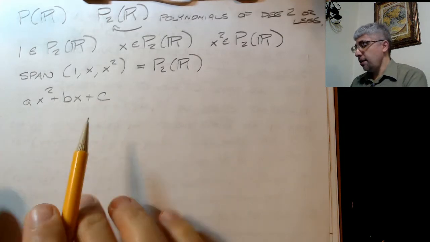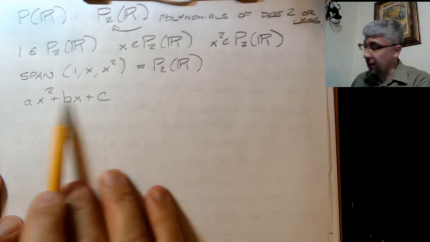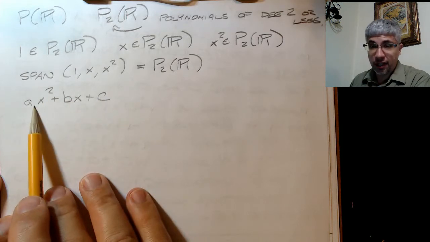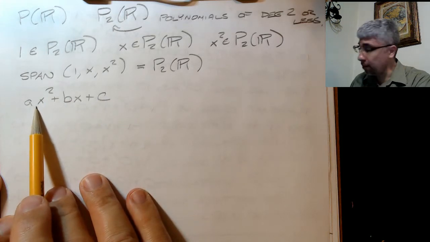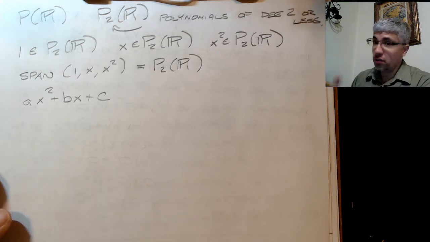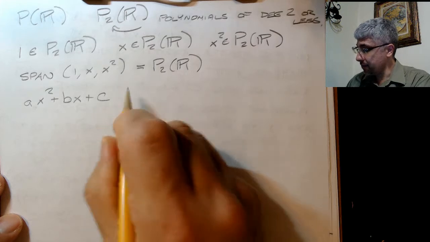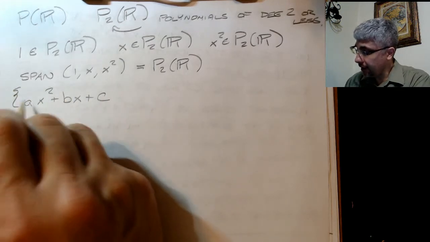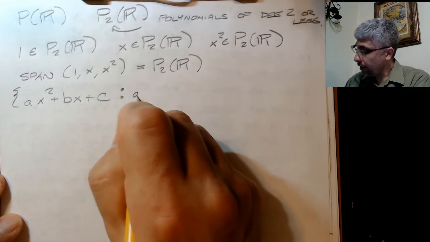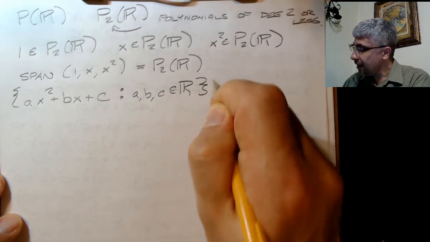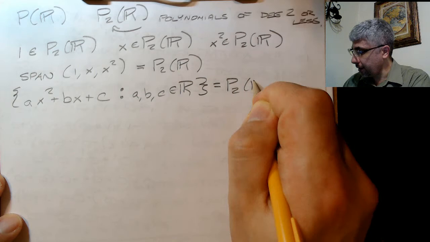Normally we use ax plus b if it's linear, and ax squared plus bx plus c if it's a quadratic, and we require a to not be 0. But if we're taking polynomials of degree 2 or less, we don't care if a is 0. So this is the set of this for a, b, and c in R. This is equal to P2 of R.